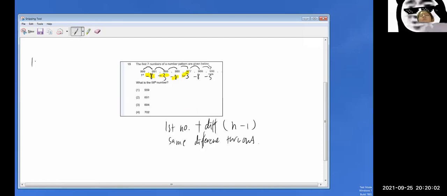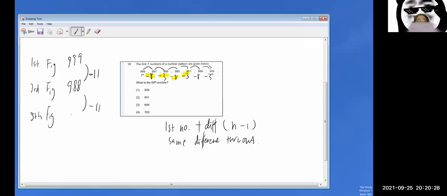First, third, fifth, all the odd number figures. You will see that this is 999, and this is 988. You will see that it's minus 11.